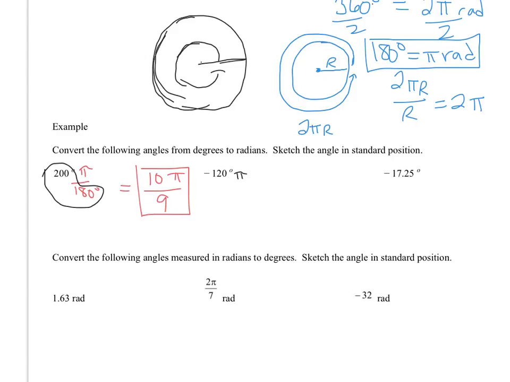Same thing for 120 degrees: I multiply by pi over 180, so this will have a pi in it. If I simplify 120 over 180, that gives me 2/3, so this would be negative 2 pi over 3.